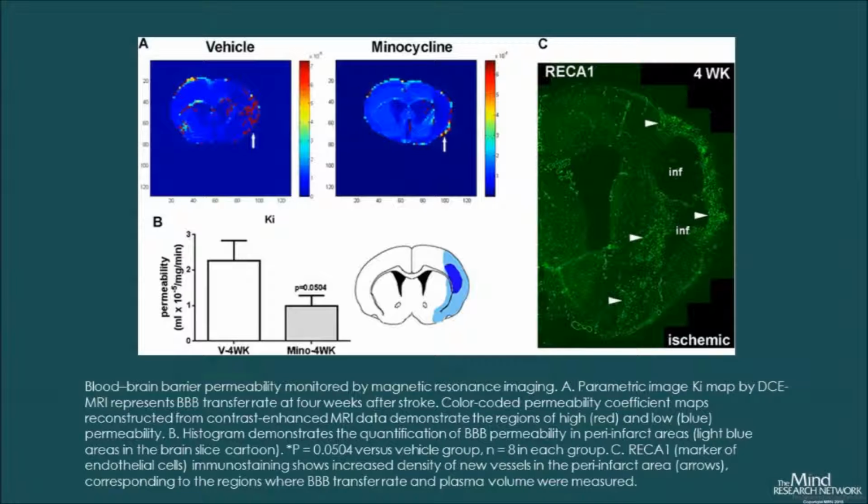According to the statistics, we found that minocycline can significantly reduce the permeability of the new vessels. And on panel C, we used immunohistochemistry to confirm this finding.